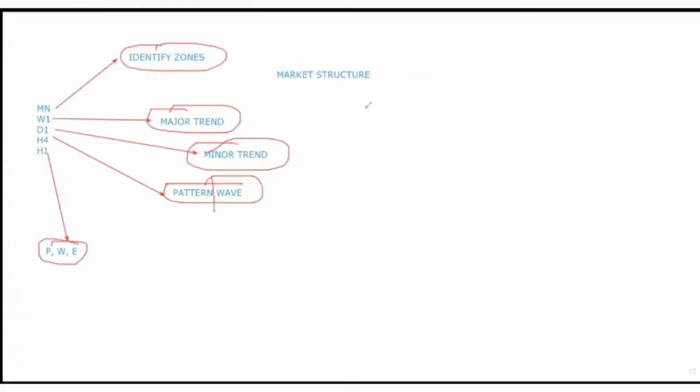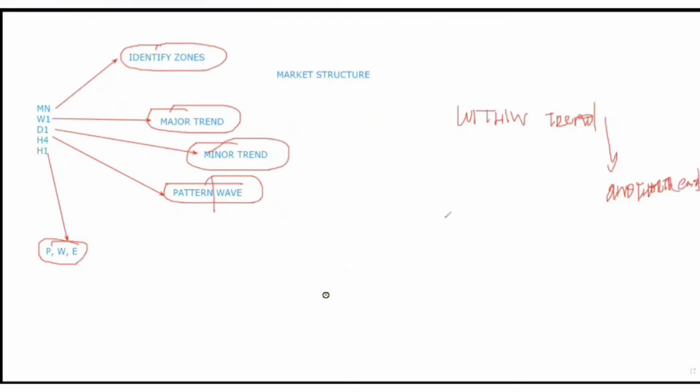So guys, as you know, within a trend, there'll always be another trend. Understand?